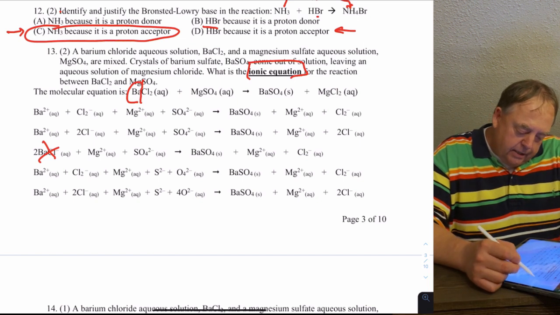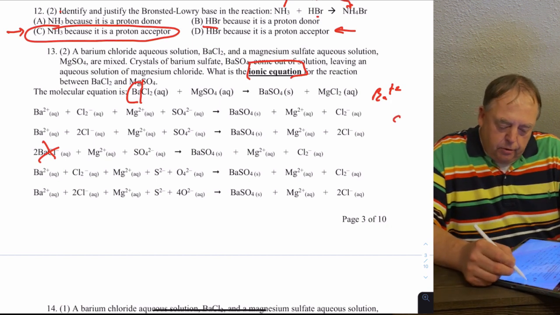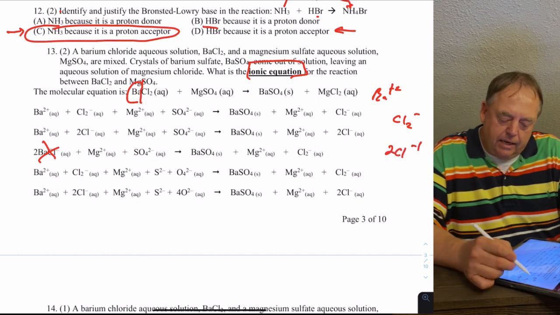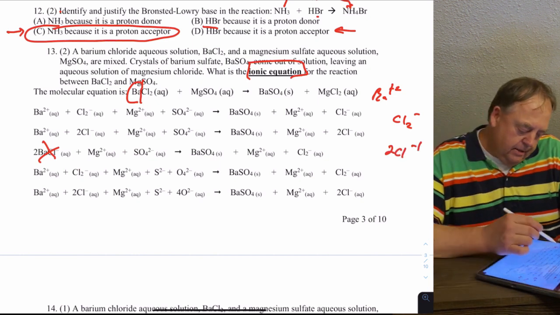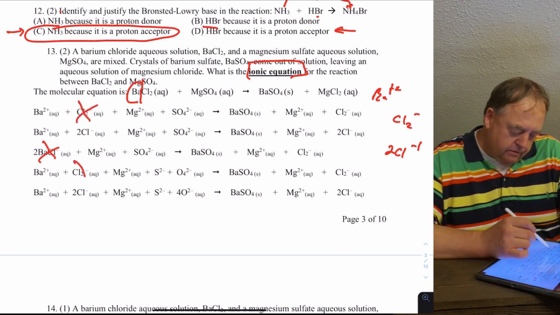And then you have to recognize it's not Cl2 negative, it's 2 Cl negative 1s. Right, that would balance the +2 on barium.